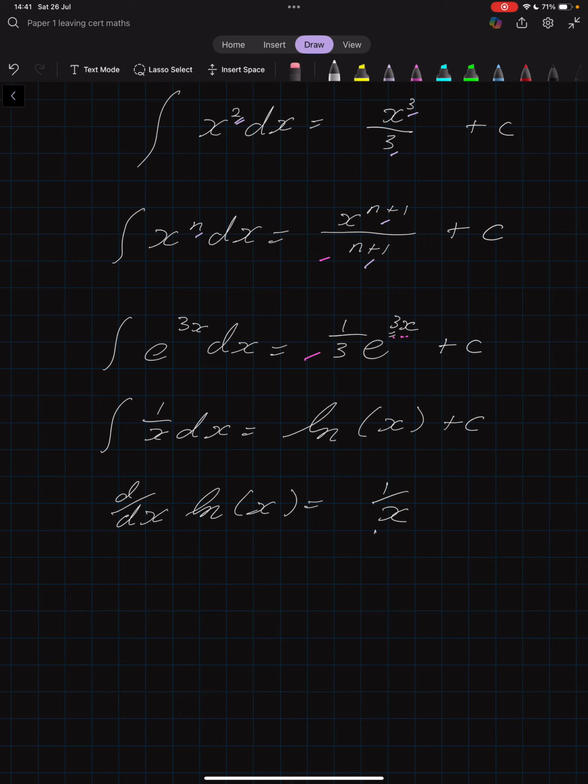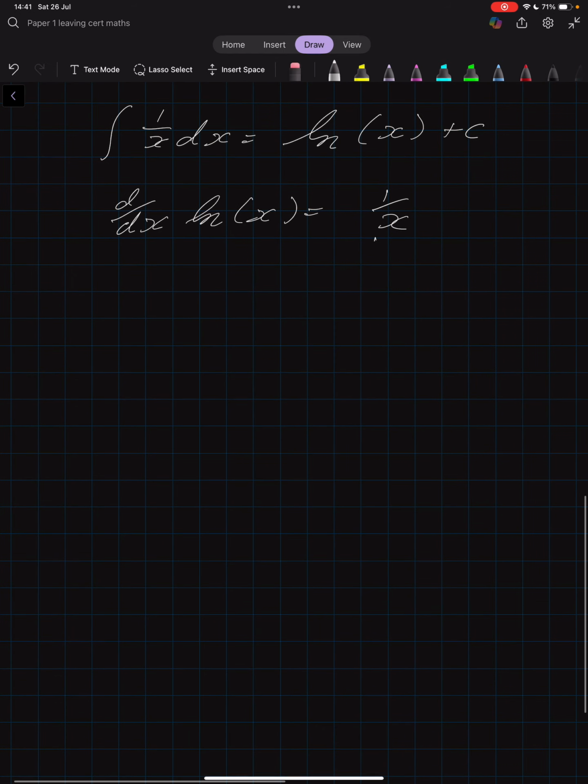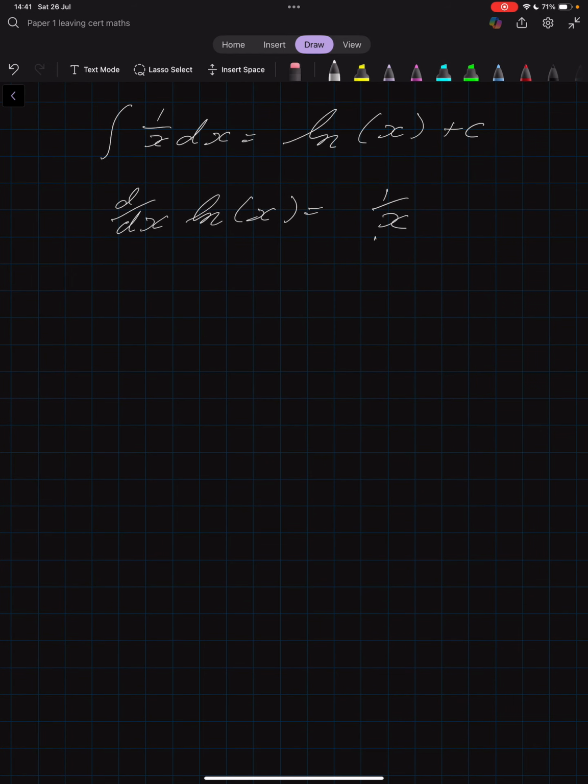So now, I'm just going to fly through a couple of examples. It says, what is the integral of 2x squared plus 5x cubed dx? So again, the x squared, you increase the power.